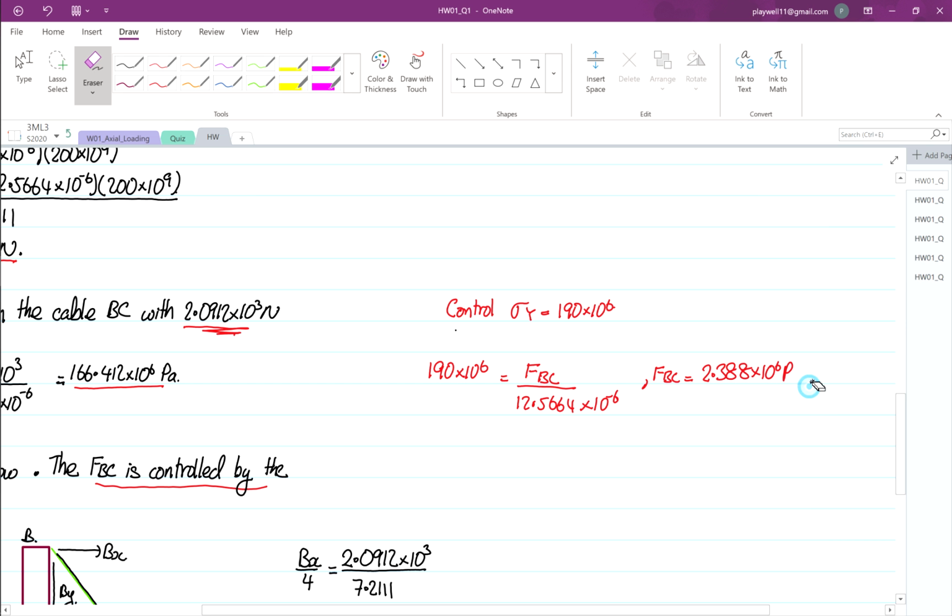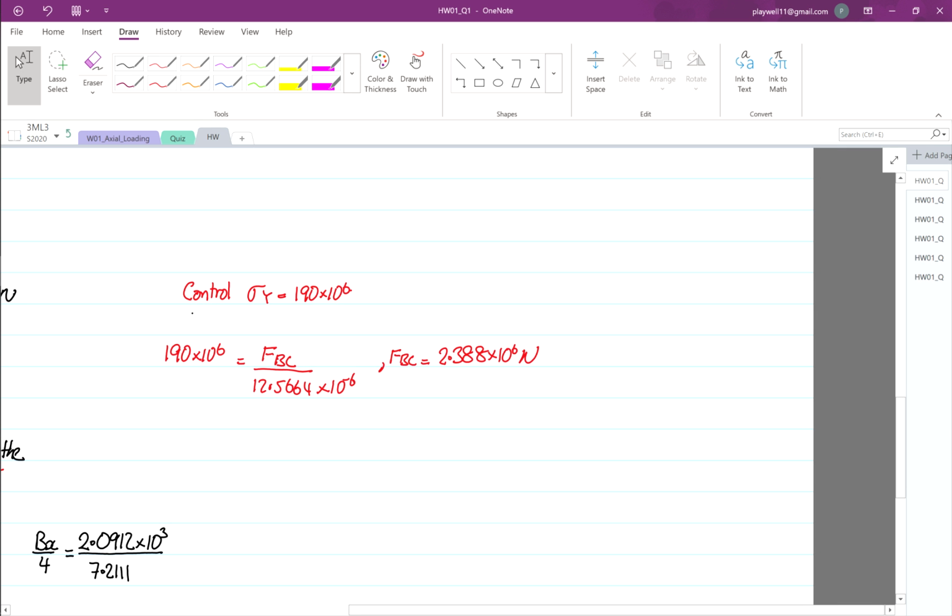So if that's the case, you calculate your deflection of BC.